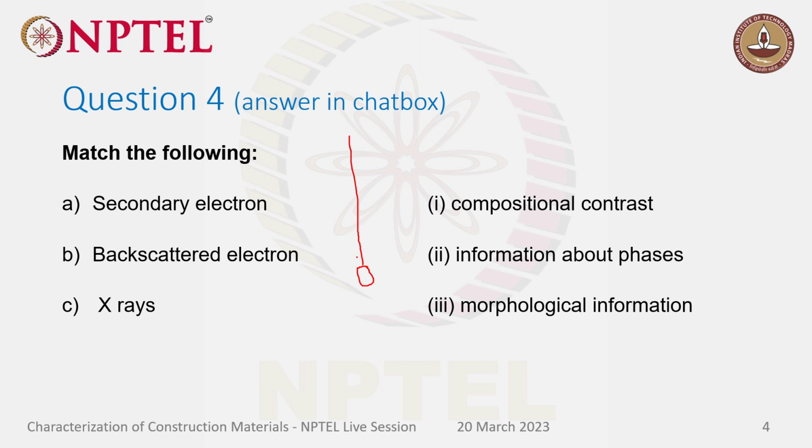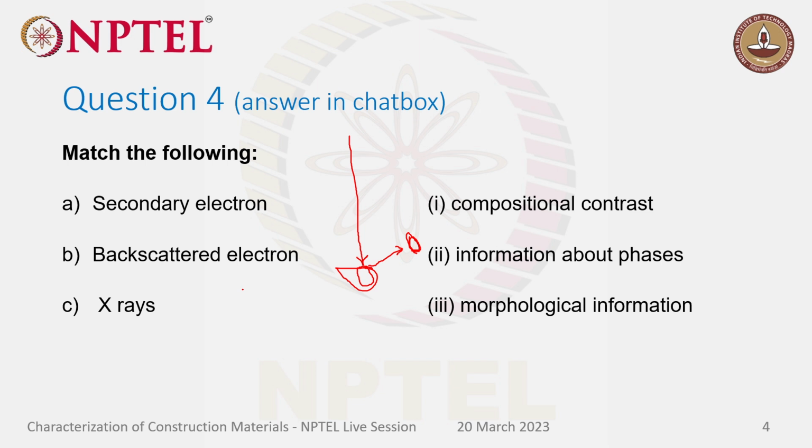If it interacts here, different observations can be made. One output is secondary electrons. They have low energy compared to backscatter electrons, so they go like this. Here we have some secondary electron collectors.